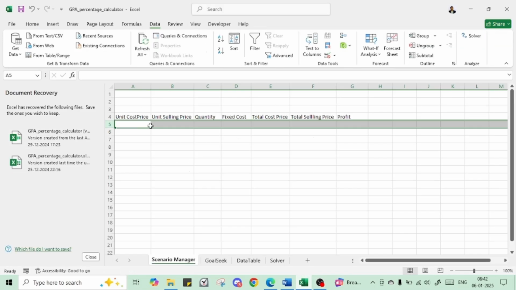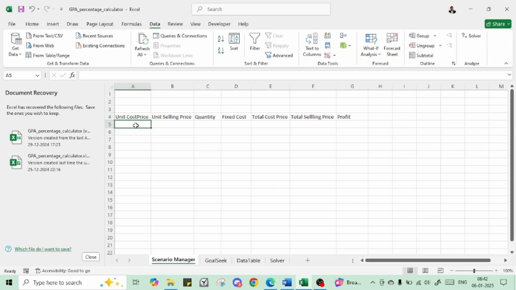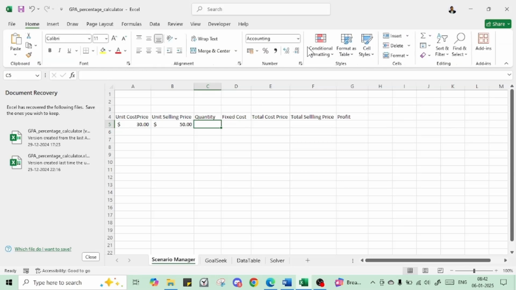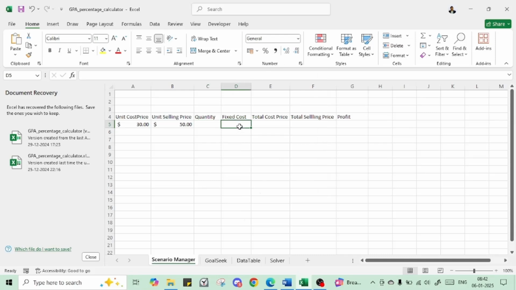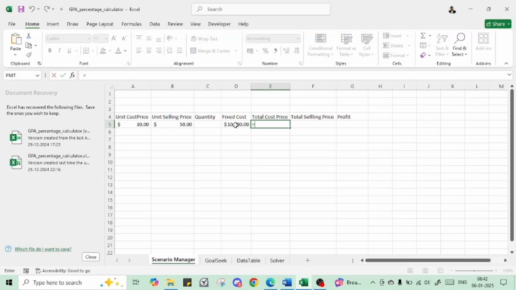So here, let's enter the unit cost price. The cost price is $30. Unit selling price is $50. Quantity depends on the scenario, so we just leave it general for now. And fixed cost is $10,000. Total cost price is equal to fixed cost plus unit cost price into quantity.